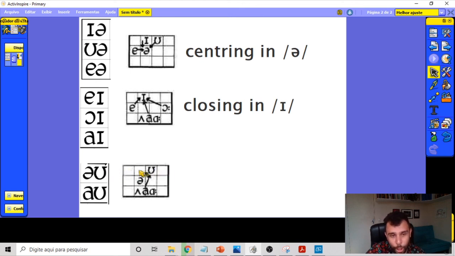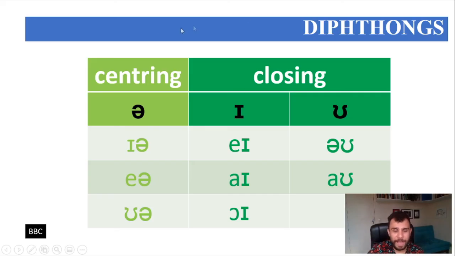You have to close your jaw. So these diphthongs are all closing in o. So this is what you have here for BBC. You have centering diphthongs ending in schwa, and you have closing diphthongs ending in e and o.